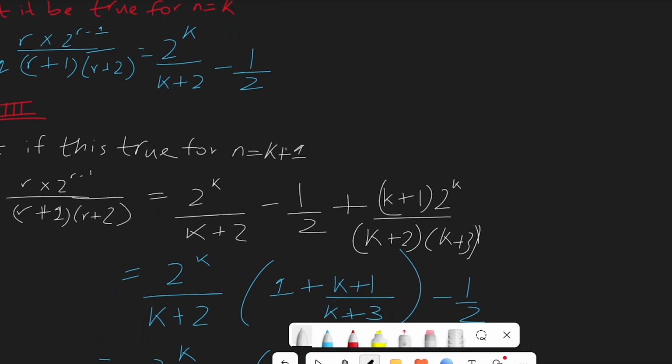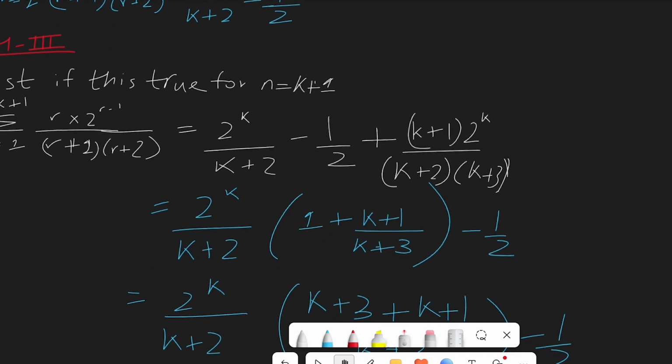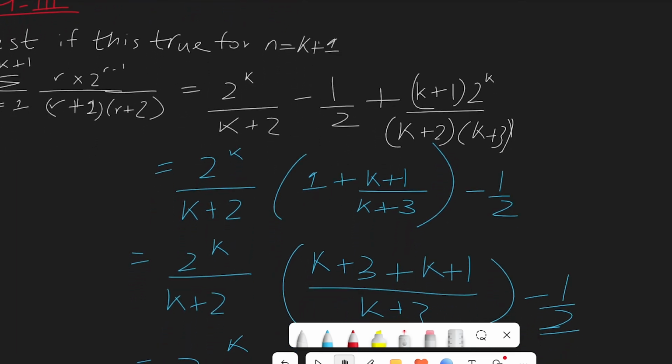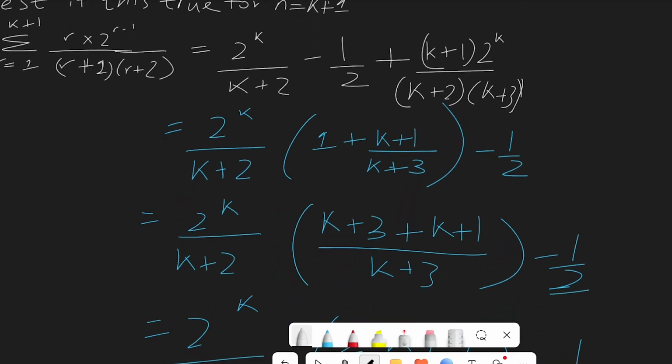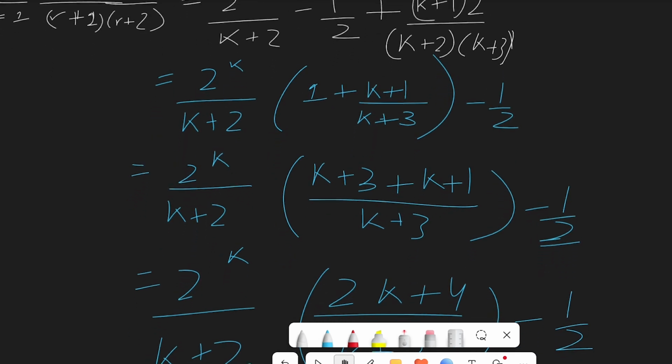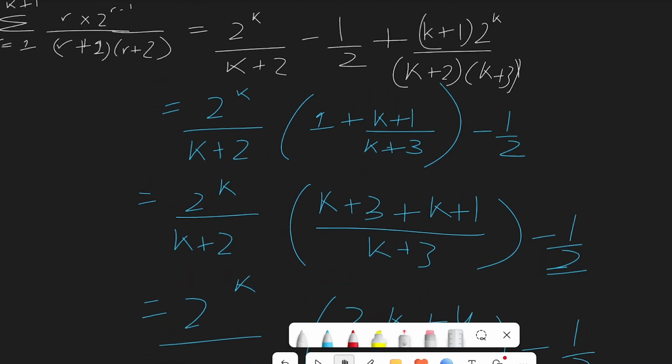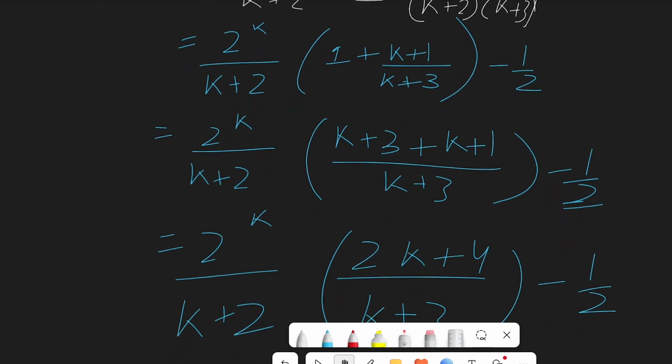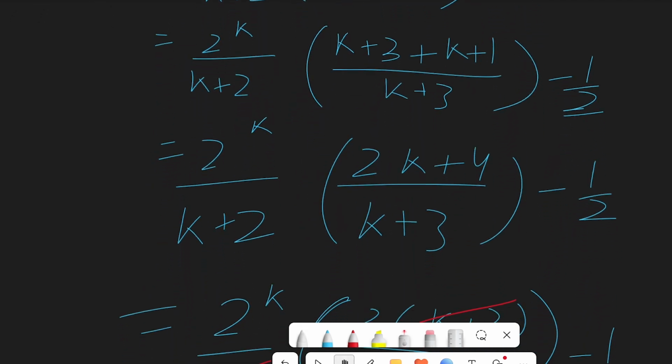Where is it? 2 power k over k plus 2 minus 1 over 2 plus k plus 1 times 2 power k over k plus 2, k plus 3. 2 power k over k plus 2, 1 plus this thing, k plus 1 over k plus 3, k plus 3 plus k plus 1, 2k plus 4.